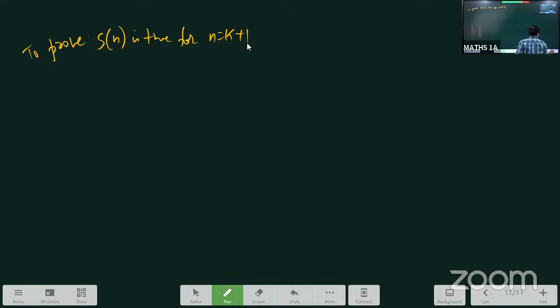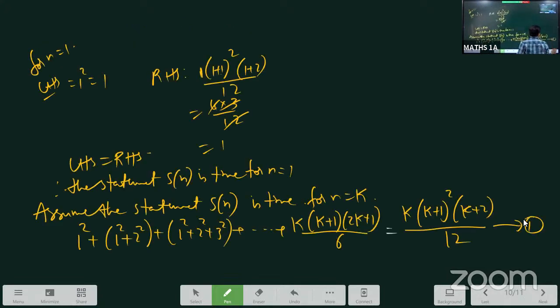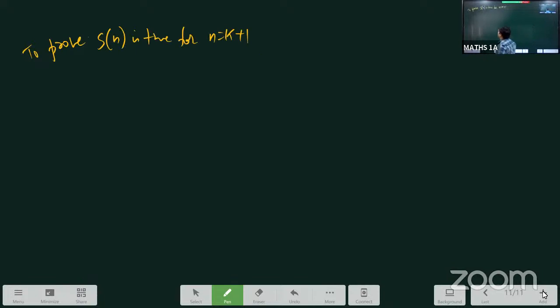Now, to prove S of n is true for n equal to k plus 1. So here, this is your equation 1 again. For that, what I should do? Add the k plus 1th term on both sides of 1.